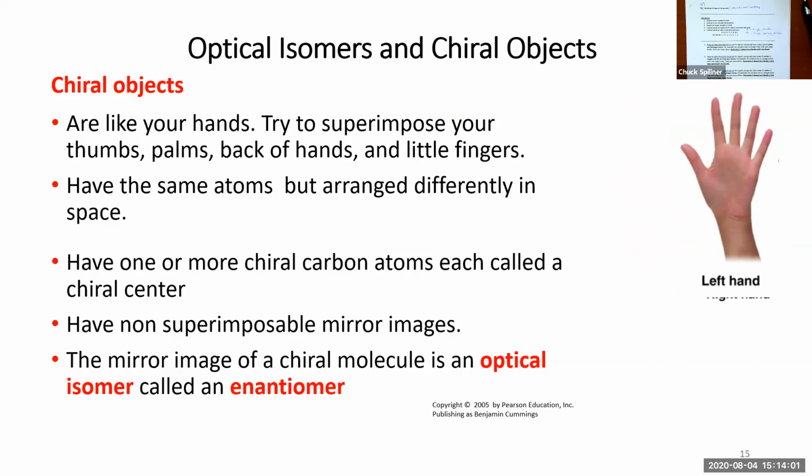So the chiral objects have the same number of atoms. They're connected together the same way, but they're arranged a little bit differently in space. So they have this property that the mirror image won't superimpose. So in order for an object to be chiral, it has to have what's called a stereocenter or a chiral center.